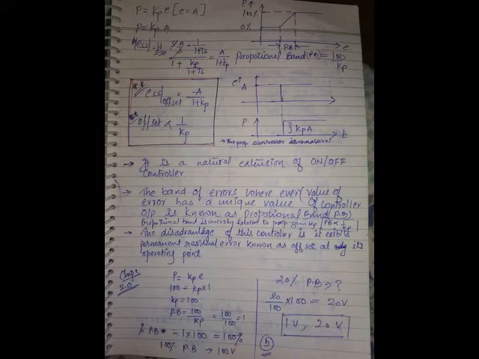It is Ki into E. This Ki we call integral scaling. The actual controller output is obtained by integrating this equation. That is why we call this an integral controller. P of S is equal to Ki by S into E of S. So the transfer function of an integral controller is of the form Ki by S, with E of S as input and P of S as output.